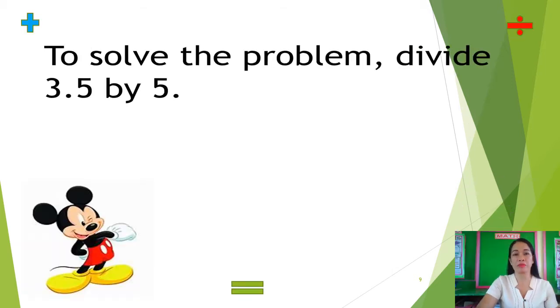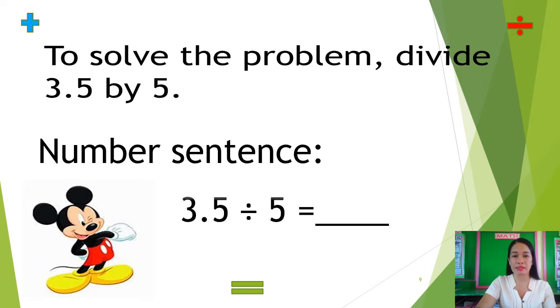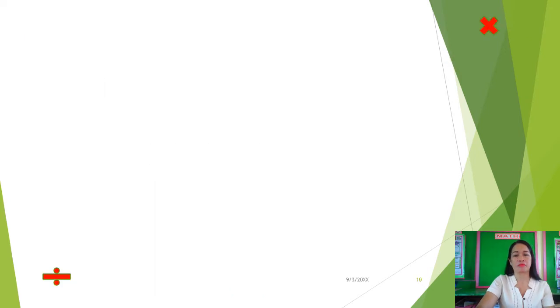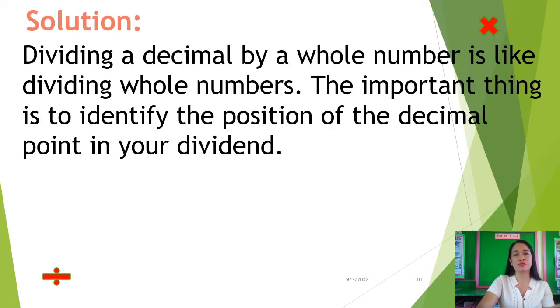To solve the problem, divide 3.5 by 5. Here is the number sentence. 3.5 divided by 5 equals blank. The solution: dividing a decimal by a whole number is like dividing whole numbers. The important thing is to identify the position of the decimal point in your dividend.